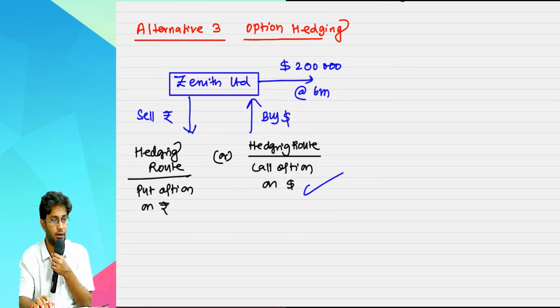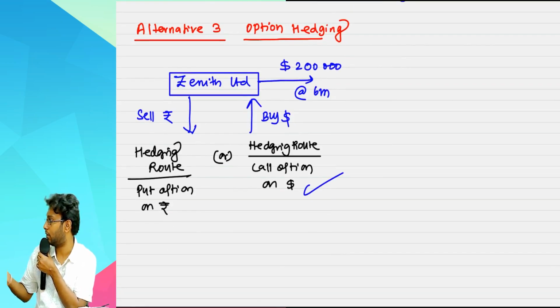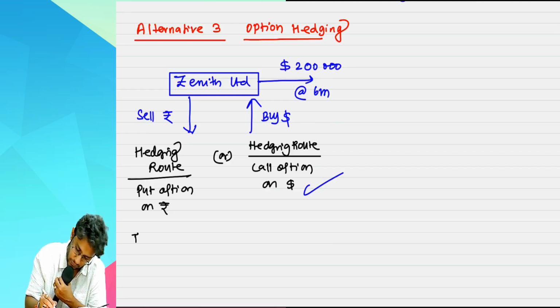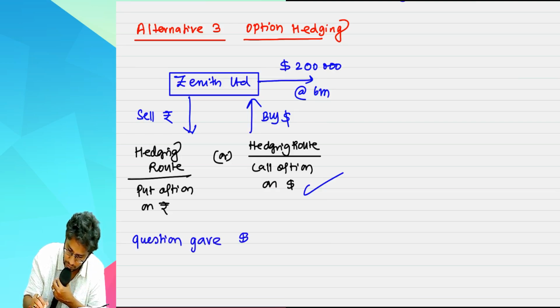This is what you are selecting. You are selecting, meaning the question gave dollar as the underlying asset.